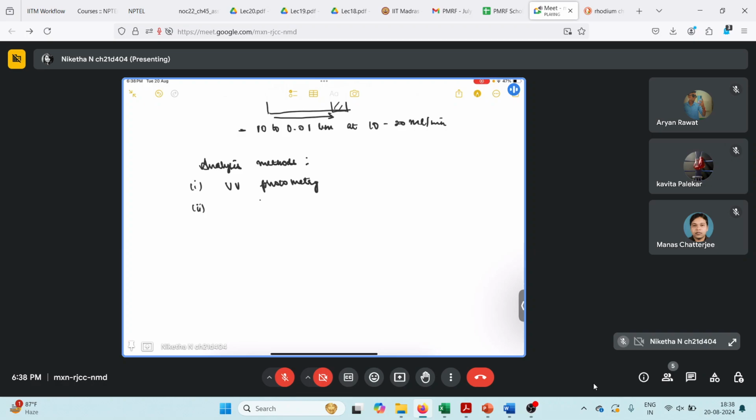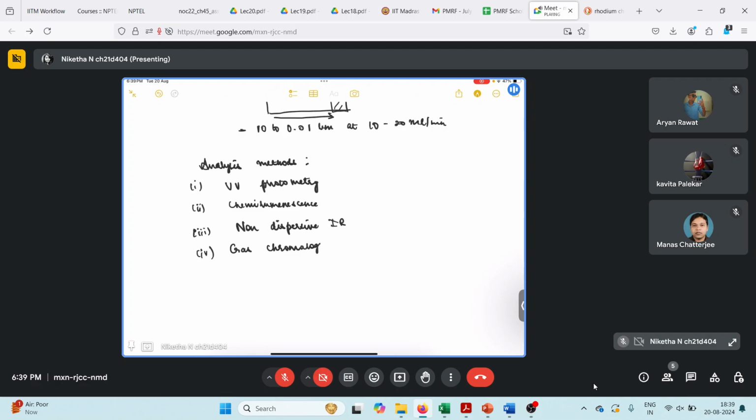The second one is chemiluminescence, where NO2 is converted to NO, which later reacts with ozone, and because of this, the total NOx and NO and NO2 can be analyzed. So chemiluminescence. And then we have the non-dispersive IR. Then we have gas chromatography.